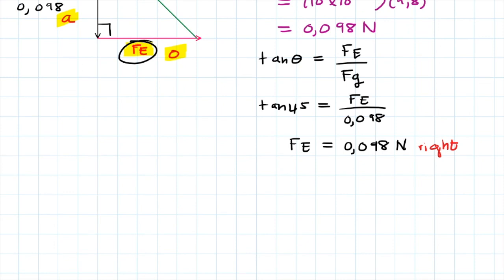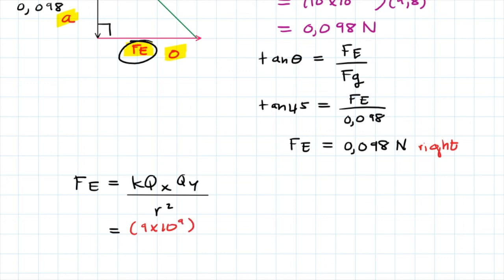So now we can make use of Coulomb's law. We say Fe is equal to K, Q, in this case Qx, multiplied by Qy, all of this divided by the distance between them squared. K is the proportionality constant. It's 9 times 10 to the power of 9.